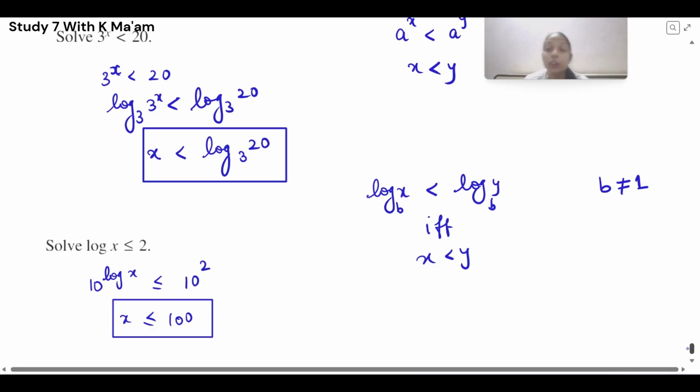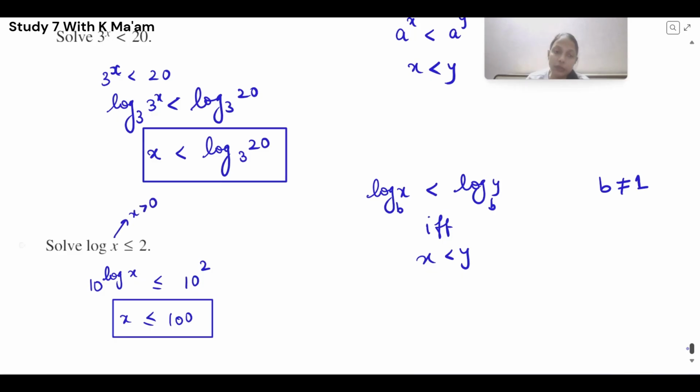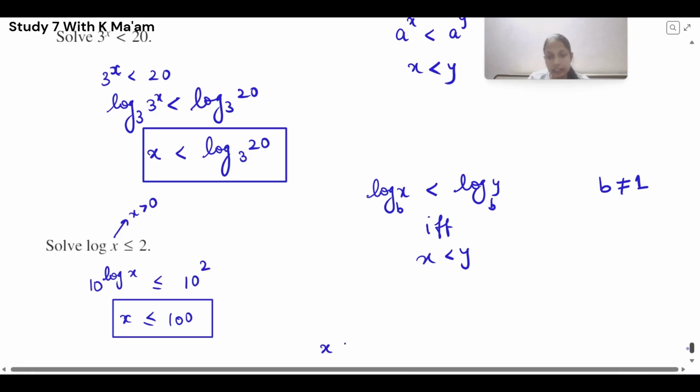Okay. Now check the domain. Log x: x must be greater than 0. And here you got x is less than or equal to 100. So the answer will be x in between 0 and 100. So your answer is x greater than 0 but less than or equal to 100.